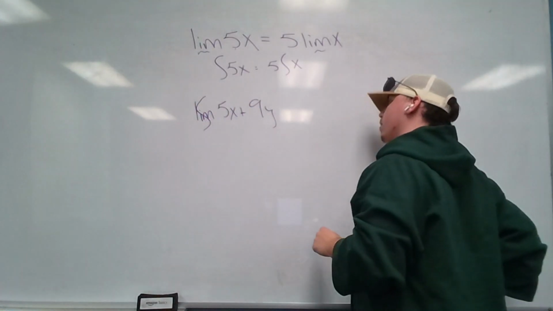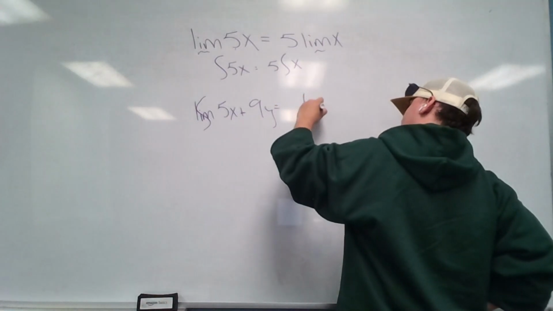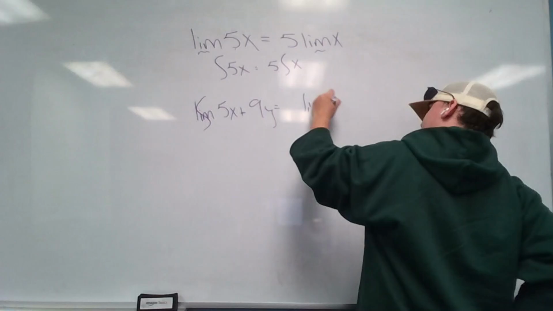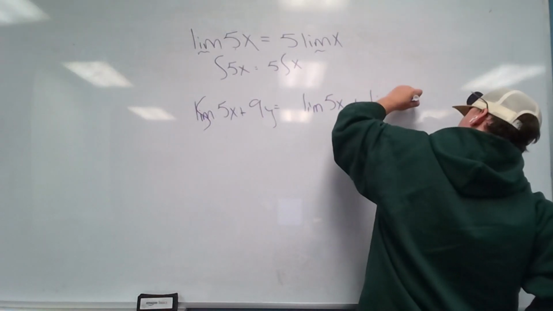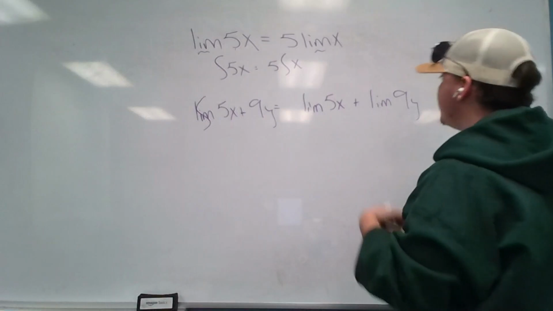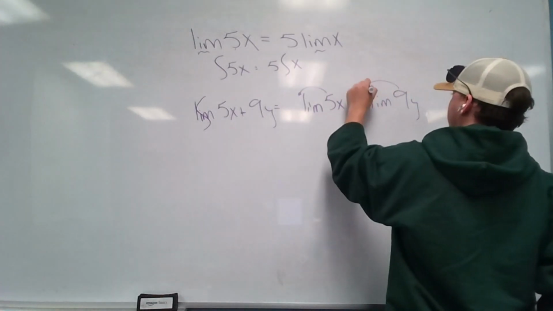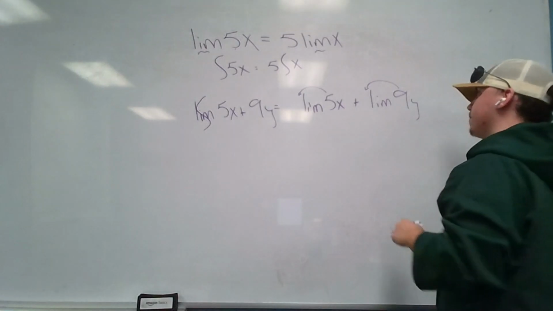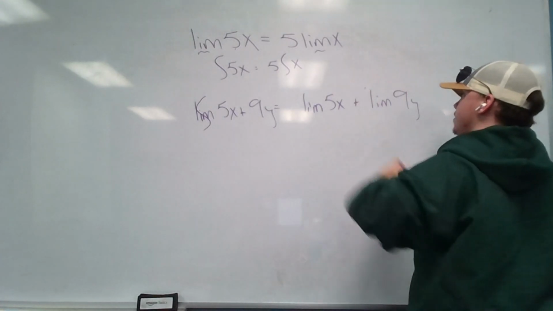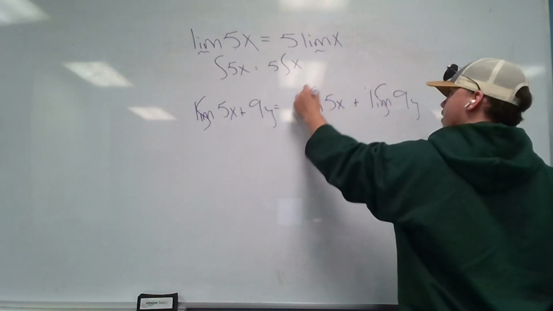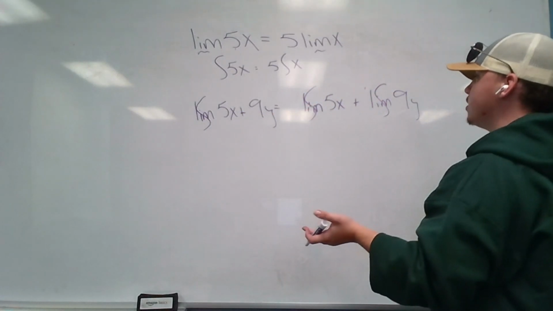This is equal to the limit of 5x plus the limit of 9y, and in turn, each of these can have the coefficient or the factor leave. The same goes for integrals.